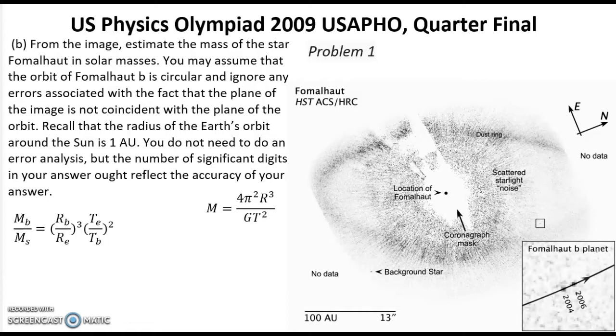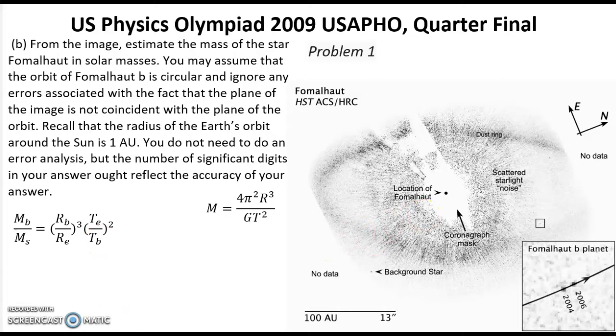Solution. First, we can use this formula to estimate the relation between the mass of this star compared to the mass of the Sun. That will be this relation, where RB is the radius of this planet's orbit, RE is the radius of Earth's orbit, TE is the period of Earth, and TB is the period of this planet.